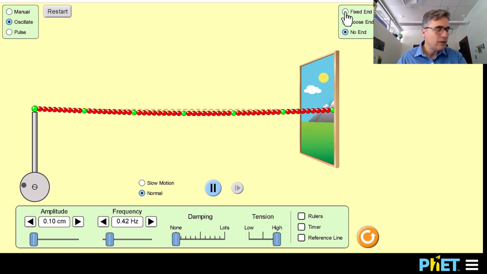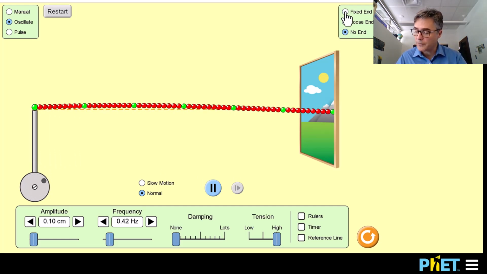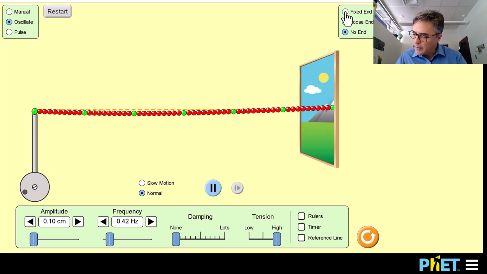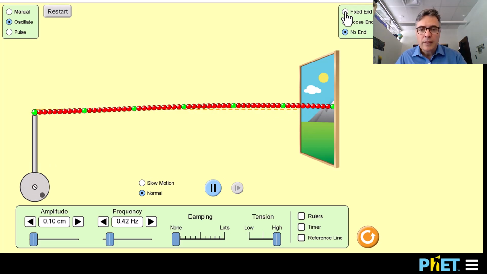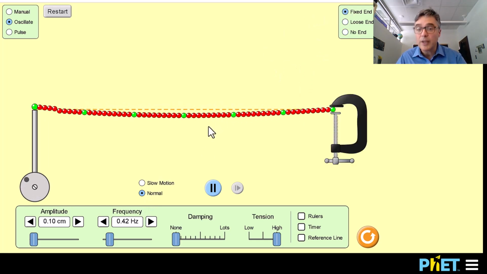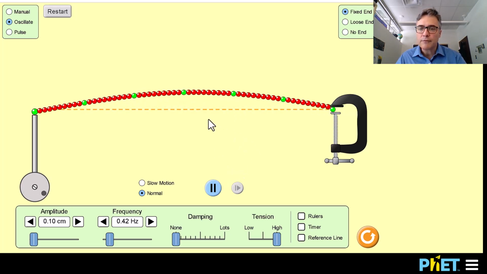And this is all about forming standing waves, which is a part of the principle of superposition that we'll be talking about in class. Then they ask you to change the frequency. After you've got fixed end and you have to wait a little while, you've got to be a little patient, try different frequencies.